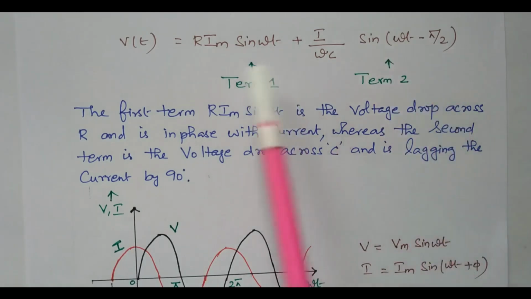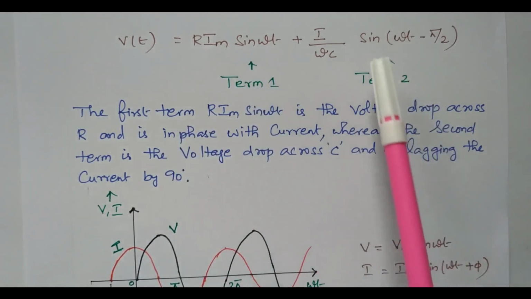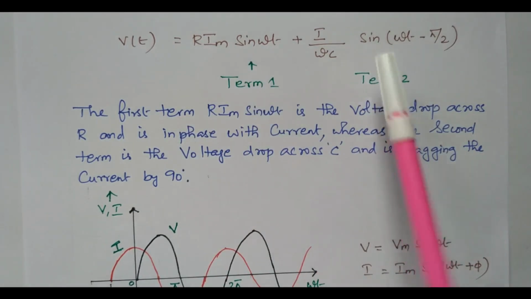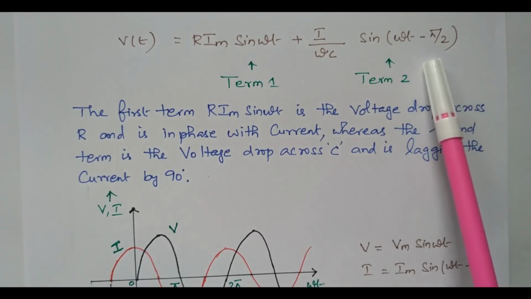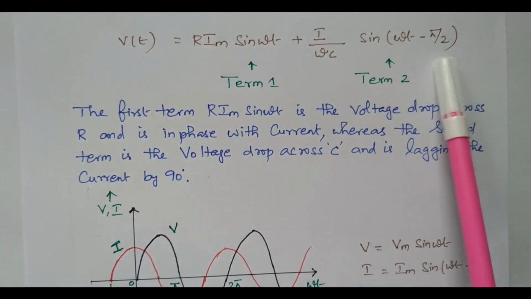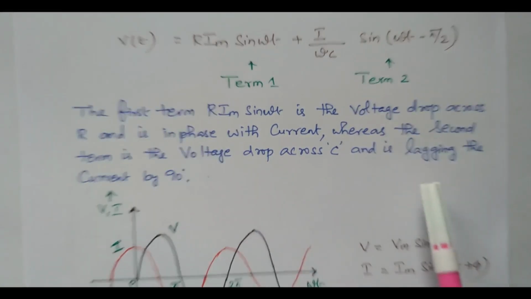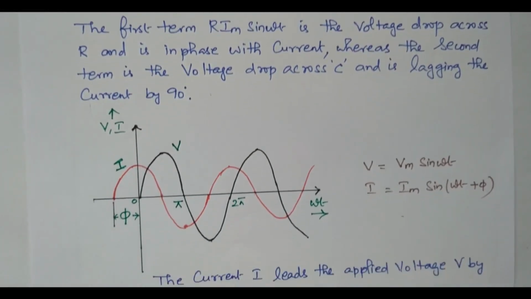So from these two terms we can easily identify that the voltage drop across the resistor is in phase with the current, and the voltage drop across the capacitor is lagging the current by 90 degrees. There is a phase difference of 90 degrees. The current is leading or voltage is lagging. So based on that we can draw the waveform.